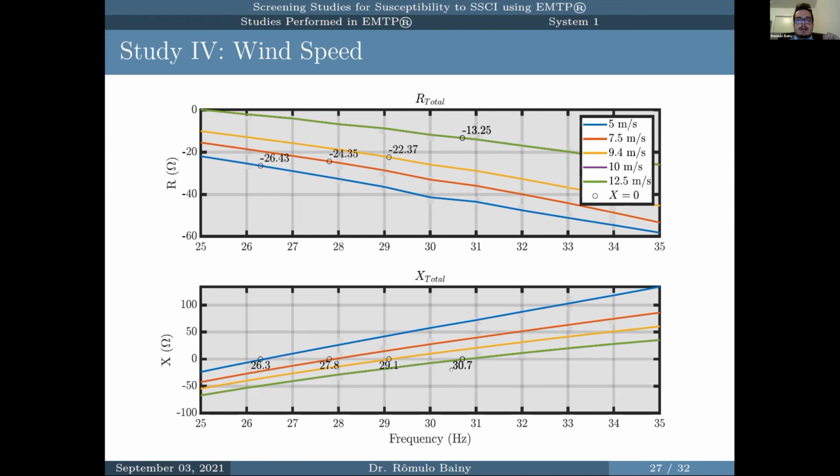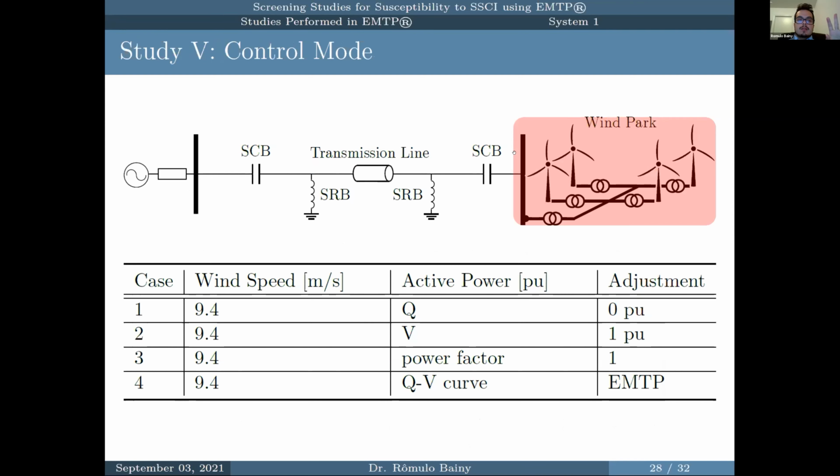And the most critical part here for us to see is again that our negative damping is going to get larger when the wind speeds are slower. So that's the takeaway of that study.